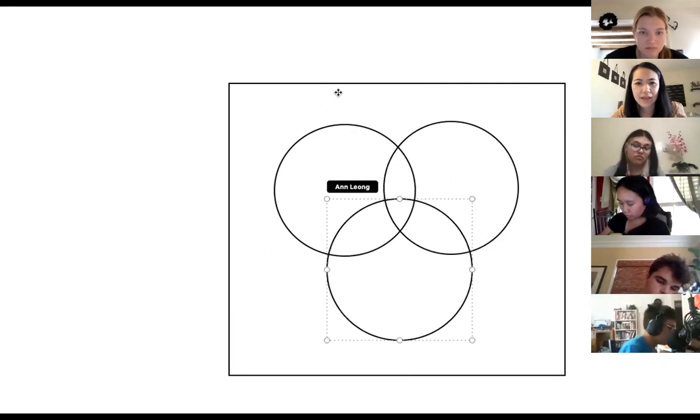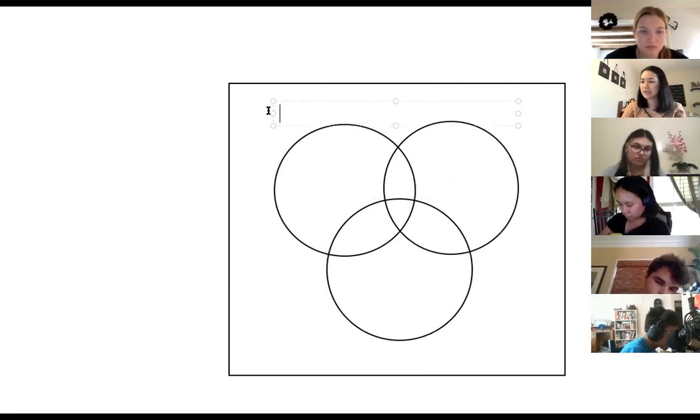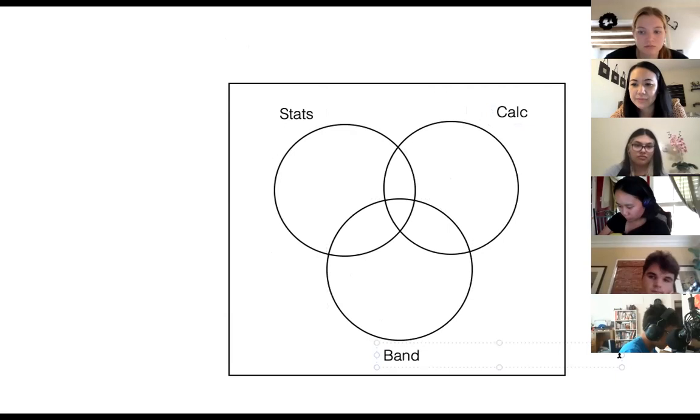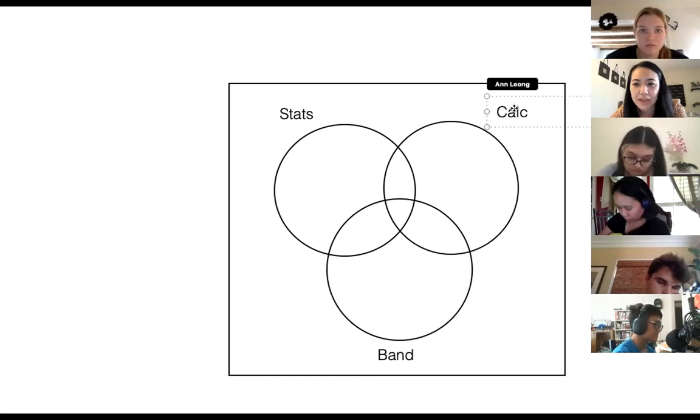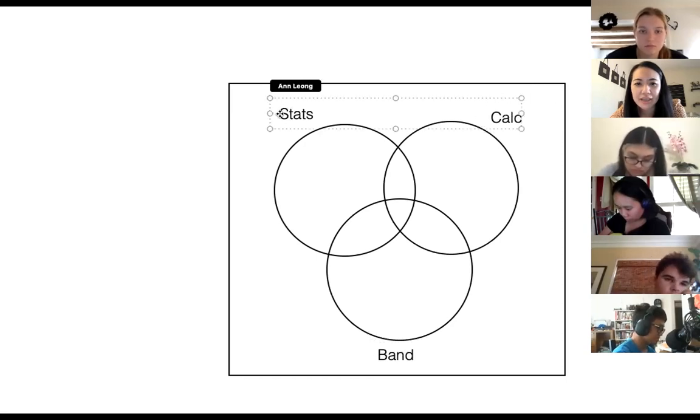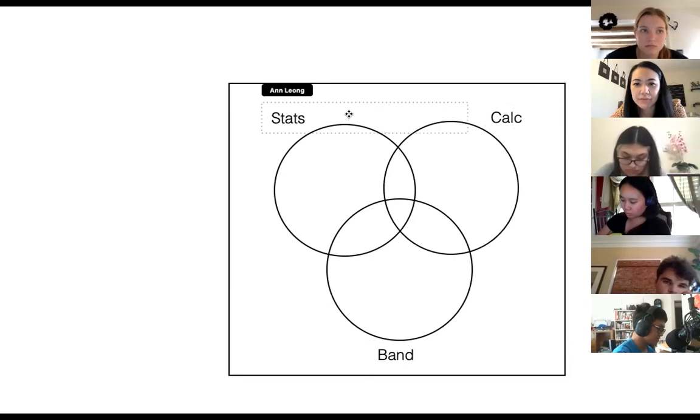Okay, and then go ahead and label these. I'll label this one statistics, this one calculus, and this one band. Go ahead and do that for all 4 problems to set it up. And then we'll shade based off of the problem.